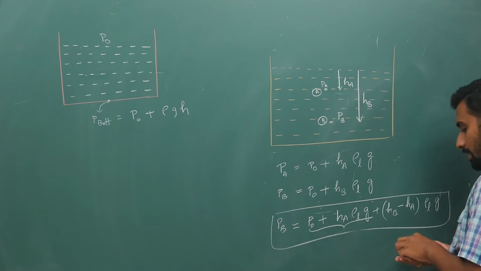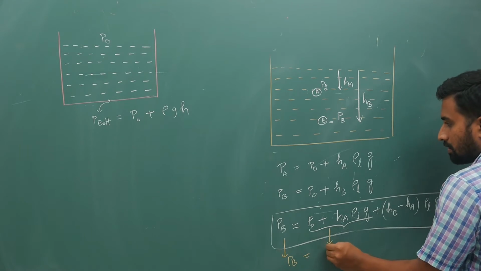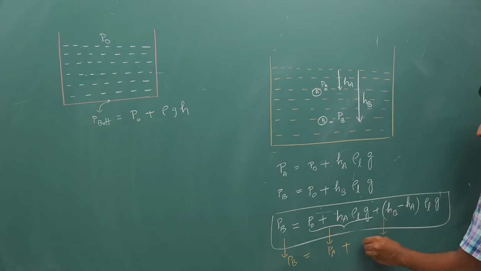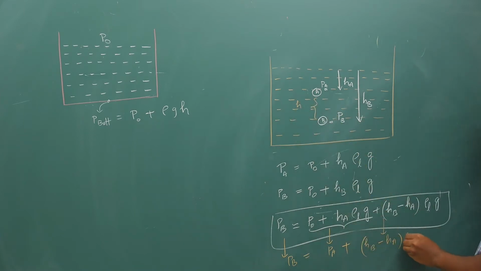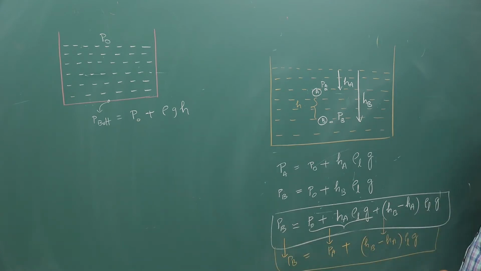So the pressure at B is the pressure at A plus the height difference, HB minus HA, into rho of liquid into G. So this is your pressure at the bottom point.